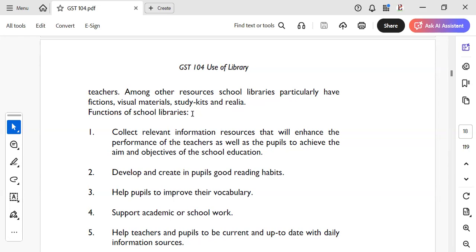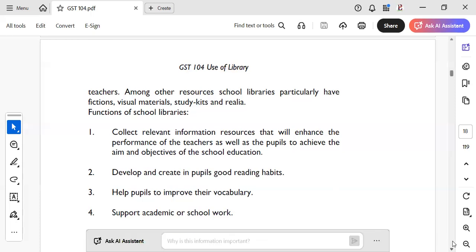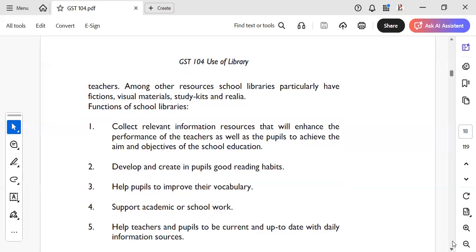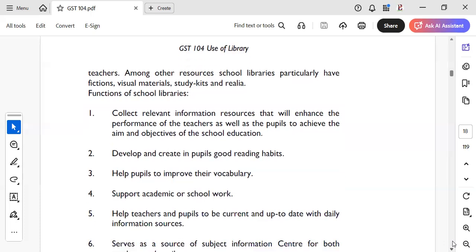But in the school libraries, you see some funny things like novels, fiction, visual materials, and the rest of them, that show that this is for children or for the lower level. So what do school libraries offer the pupils, students, and teachers? What are the functions of school libraries?